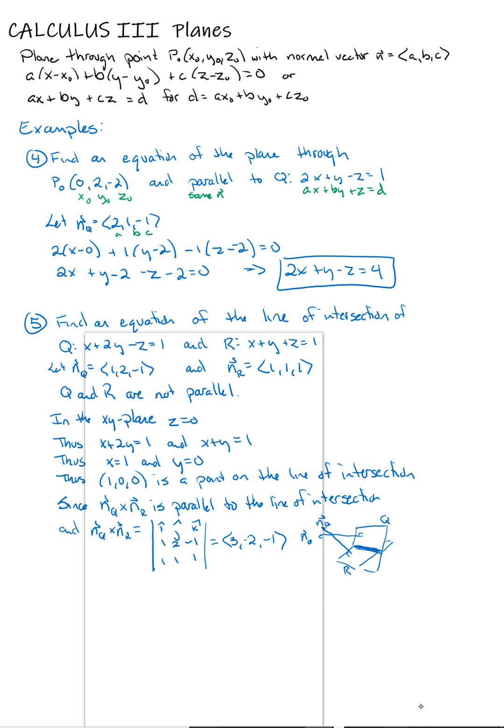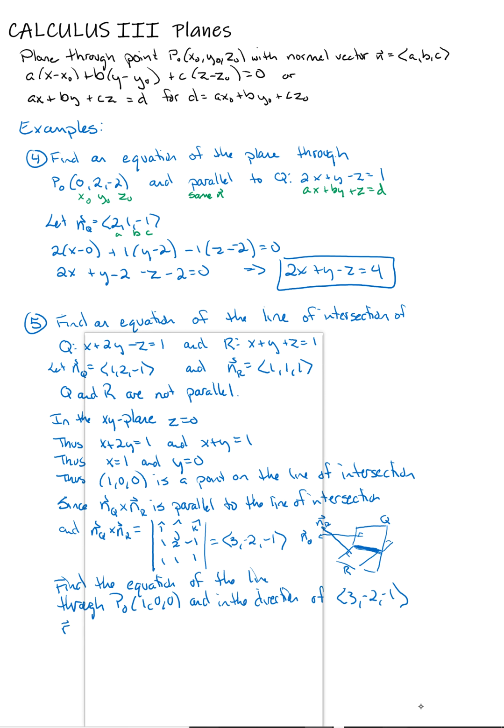Okay, so now what we're going to do is go back and find the equation, again, of the line that's through the point, I'll call it P naught, which is (1, 0, 0), and in the direction of this vector (3, -2, -1).